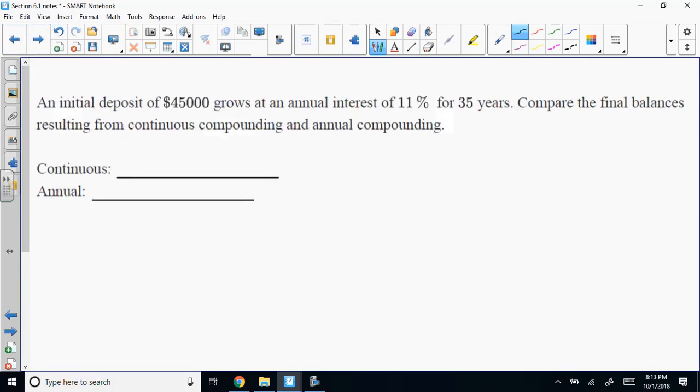The bank one's pretty self-explanatory, but I want you to look at this one. 45,000 gross at an annual interest rate of 11% for 35 years. Compare, right? APR, annual. Well, okay, you'll see something here in a minute.